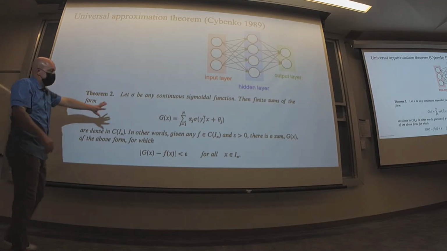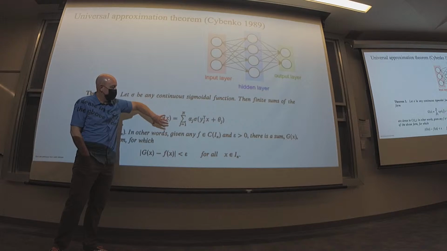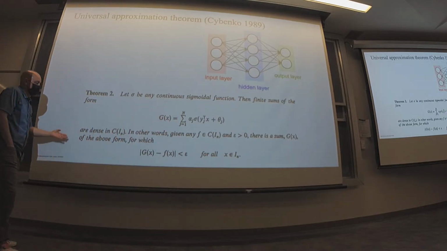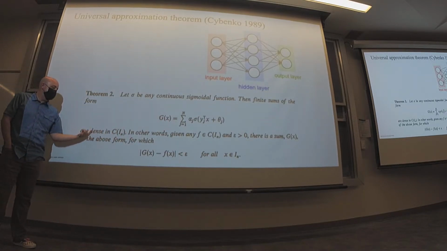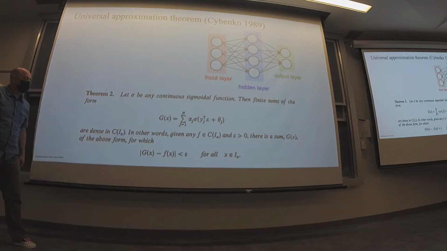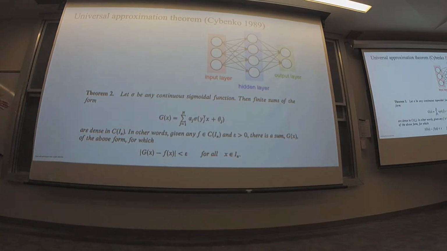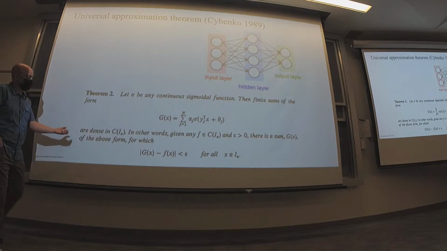This class of functions, which is basically our two-layer neural networks, are dense in the space of continuous functions on a finite interval. So any mathematicians out there know what it means to be dense? Do we mean any open set around the point contains another continuous set? Yeah, exactly. That's a very precise definition.